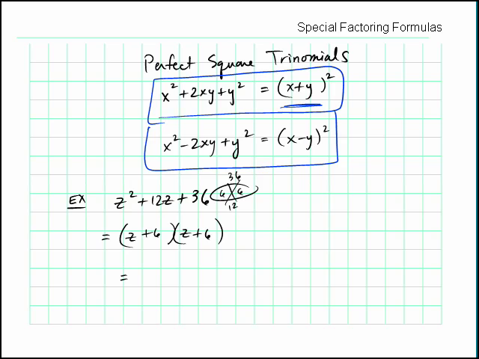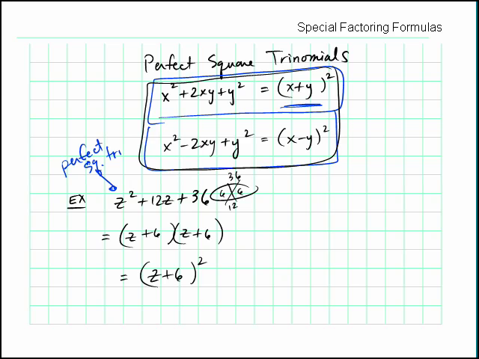Now, I did not really need these patterns at all to do this. This is z plus 6 to the second power. And what that tells me is that what we had here was a perfect square trinomial, because it factored to a quantity squared.